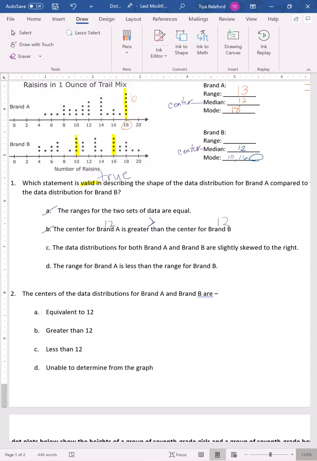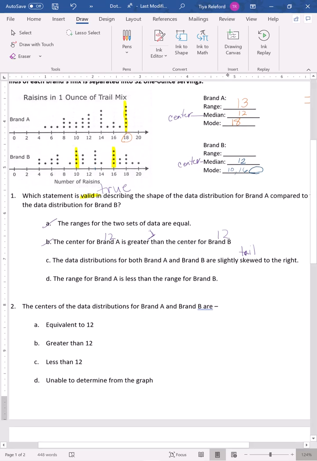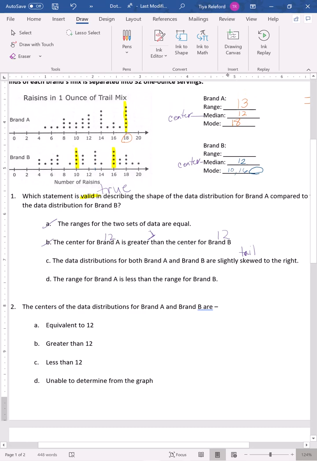C says the data distributions for brand A and brand B are slightly skewed right. So skewed, whenever you see that word, I want you to write the word tail. So we're saying that it has a tail on the right, and this is how you decide. With your pencil, you're going to draw like a hill for sledding over the dots.